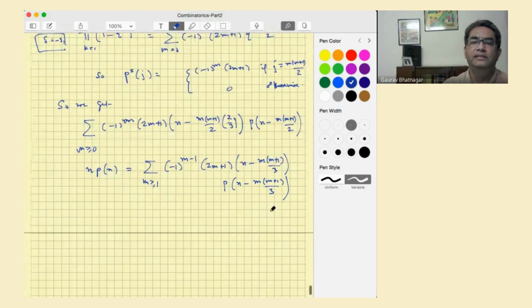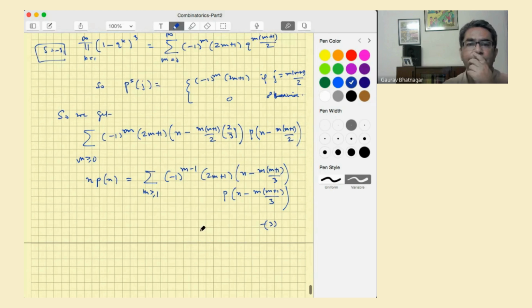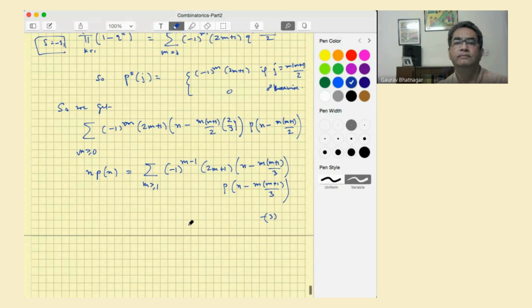So I get this. This is equation 3. Is that fine? Is that okay? And this is the recurrence we began the lecture with.